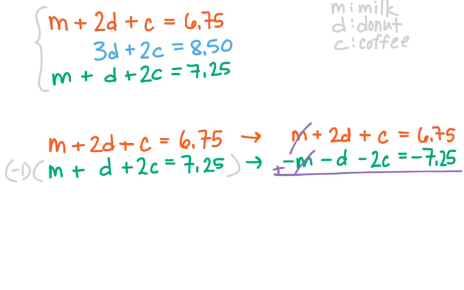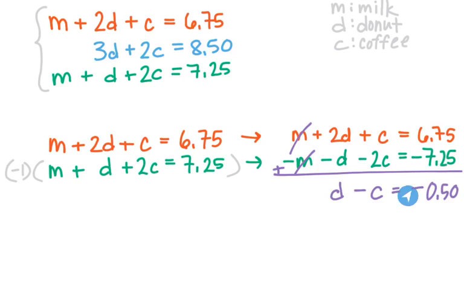My M's will cancel. 2D minus 1D gives us 1D. And C minus 2C, 1 minus 2, is -1C. And the difference of 6.75 and 7.25 is -0.50, so it's -50 cents. So D minus C equals -0.5.